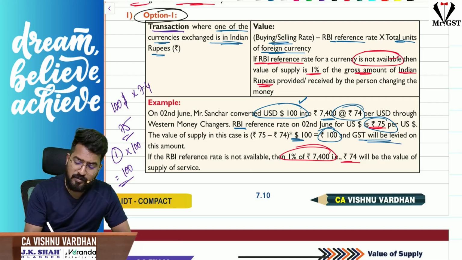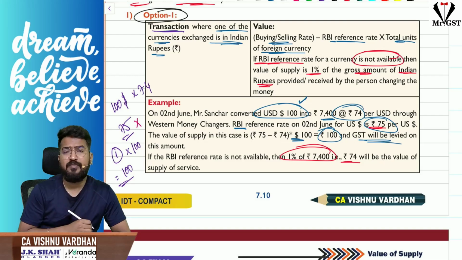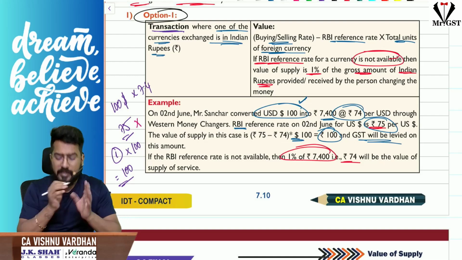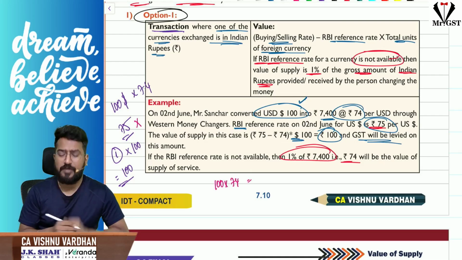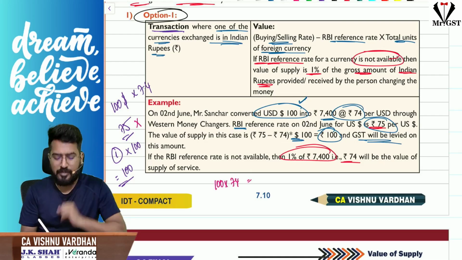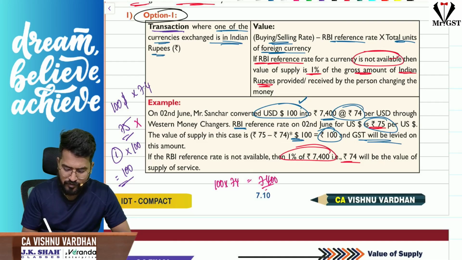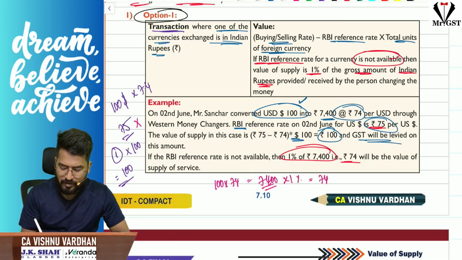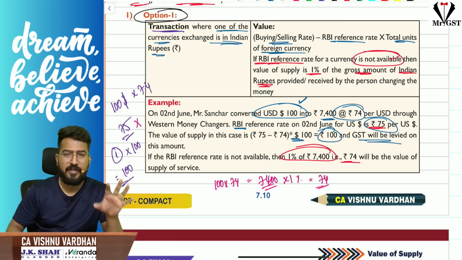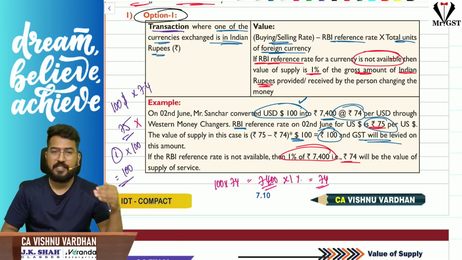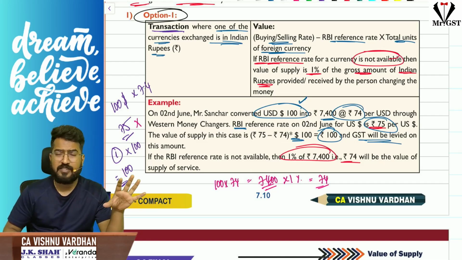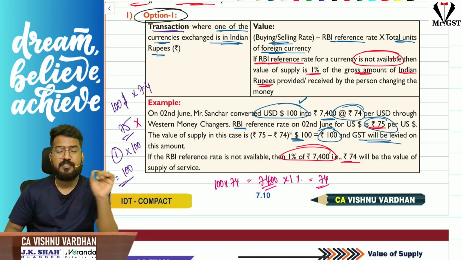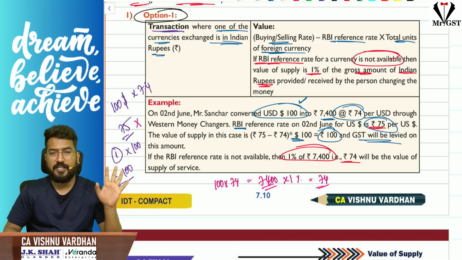Sir, suppose this RBI reference rate of 75 rupees is not available, then what should I do? Here $100 you are converting into rupees at 74 rupees. So how much Indian rupees are involved? 7,400 rupees. In that, 1% will be the value, that is 74 rupees. So I repeat, when Indian currency is involved in exchanging, if the RBI reference rate is available, the value of supply is the buying or selling rate minus the RBI reference rate, into the total number of units of foreign currency.